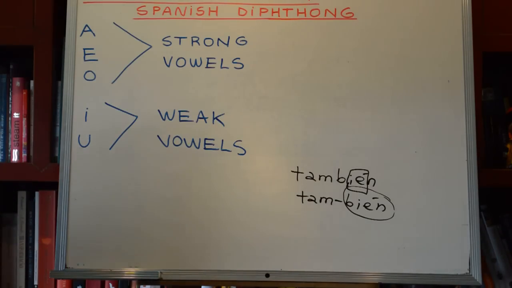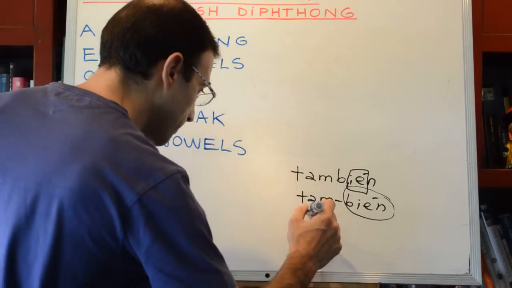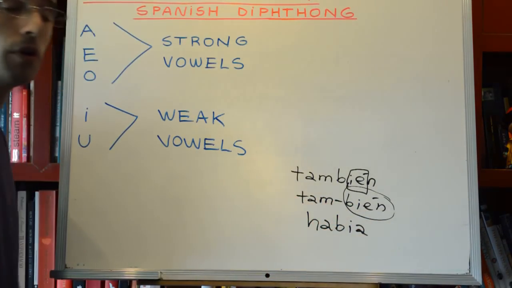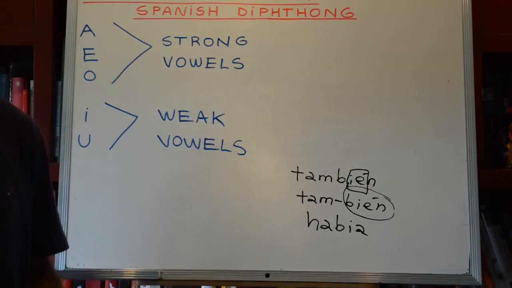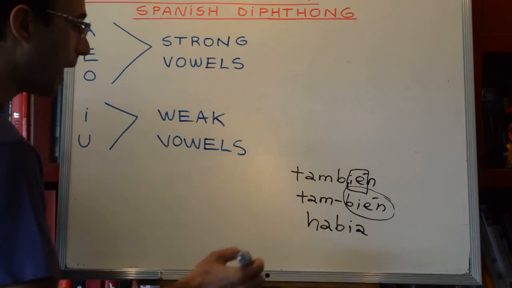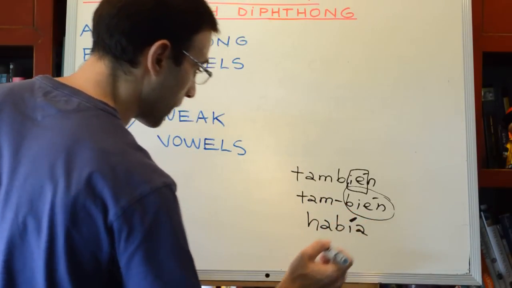When is it an hiatus? For example, the word había. Había is past tense for the verb haber, sorry, haber, to have. Había has a tilde here, okay?